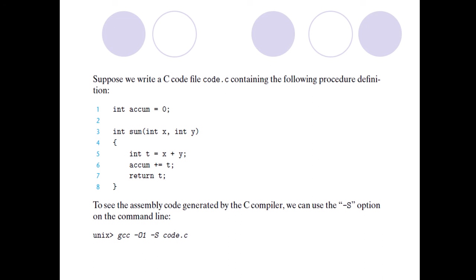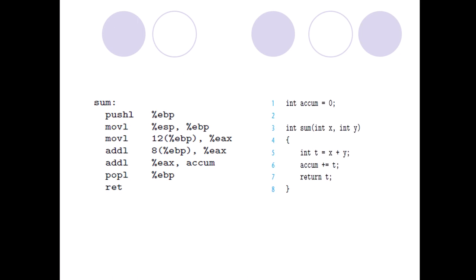The result of the addition of x and y is stored in t, and then it is incremented and saved in the accumulator. So to see the assembly code generated by the compiler, we use the -S option on the command line.